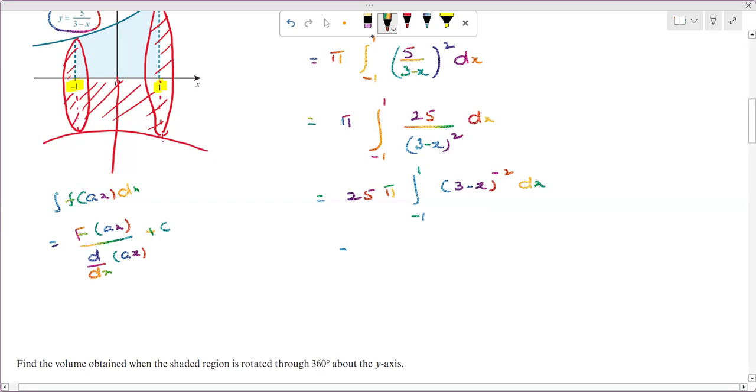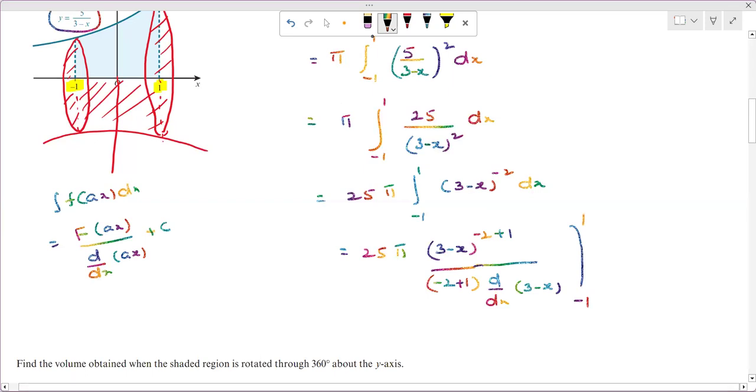Now 25 times (3 minus x) to the power of n plus 1, divided by n plus 1, again divided by d by dx of the inner part, which is 3 minus x. The limits are given, so -1 to 1 we should consider.